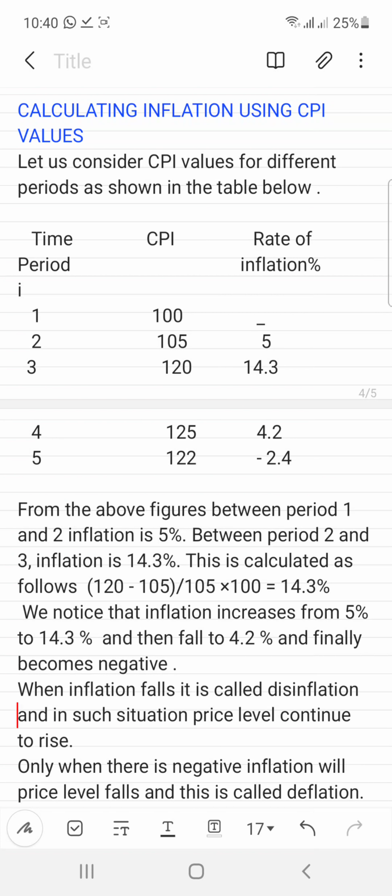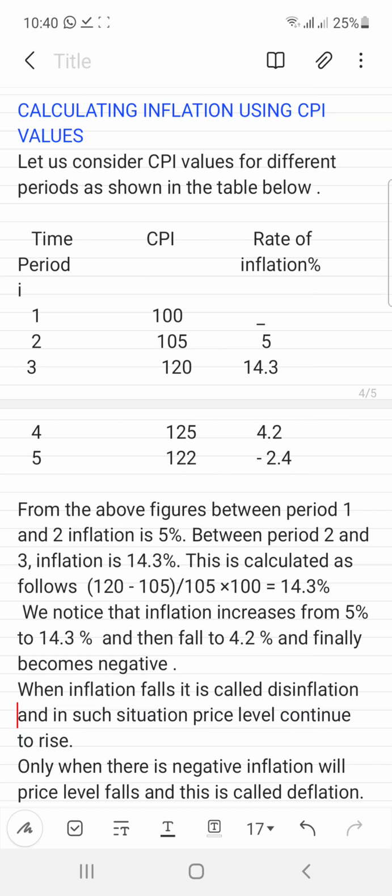From period 1 to period 4, inflation will be 25%, and from period 1 to period 5, inflation will be 22%, which means that from period 1 to period 5, prices have increased by 22%.